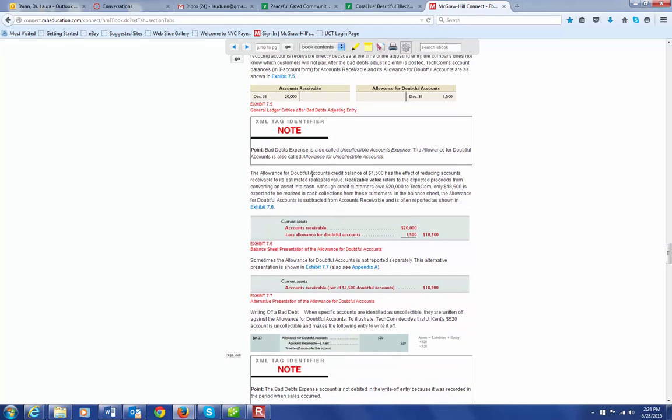So the allowance for doubtful accounts, the credit balance, has the effect of reducing accounts receivable to its estimated realizable value. So this is what we actually think we're going to realize, and the proceeds we're actually going to get from that amount of accounts receivable.